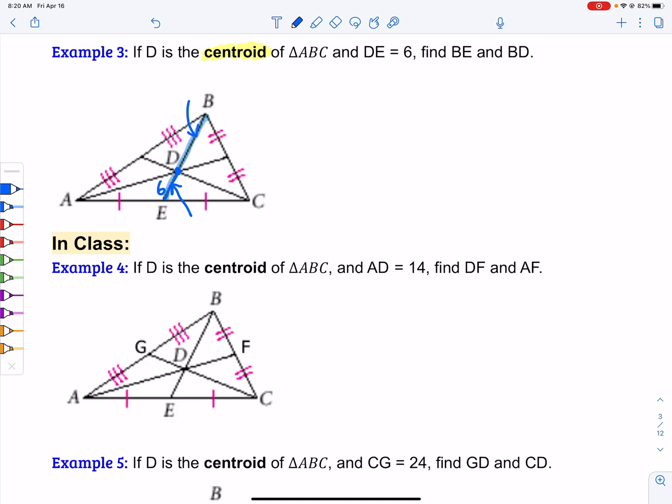So the longer segment of that median would have to be twice that size. So 2 times 6 equals 12 for BD. So let's write that over here. BD equals 12. And then the total BE would be a combined total of 6 plus 12, because you can just add those together. So 6 plus 12 will give us 18. All right, so that's some examples of centroid.